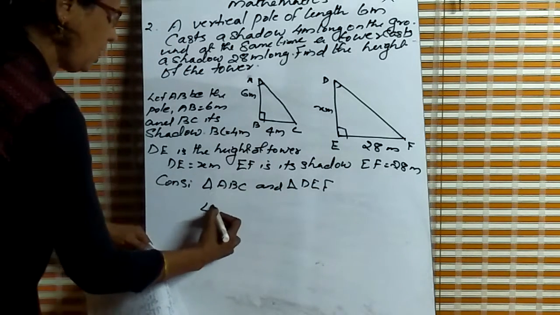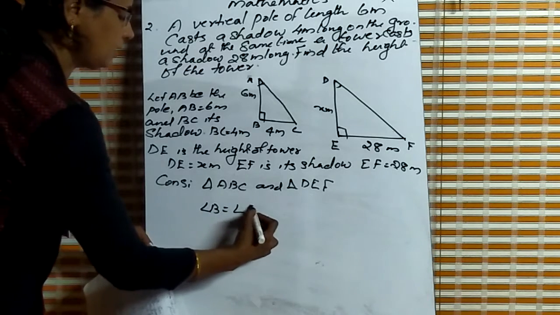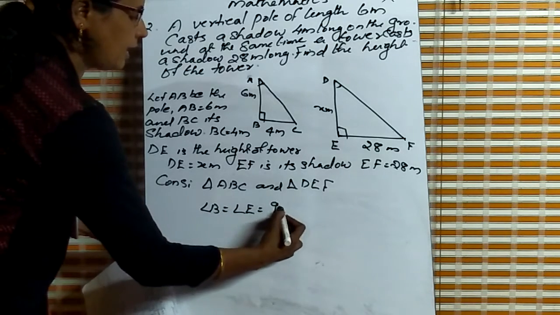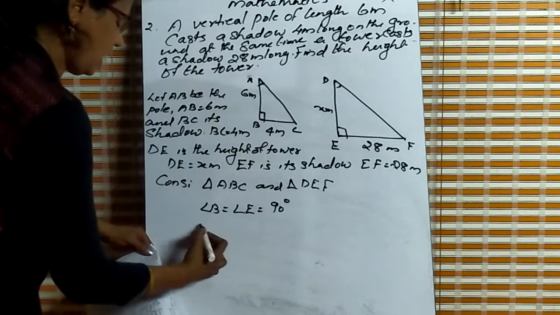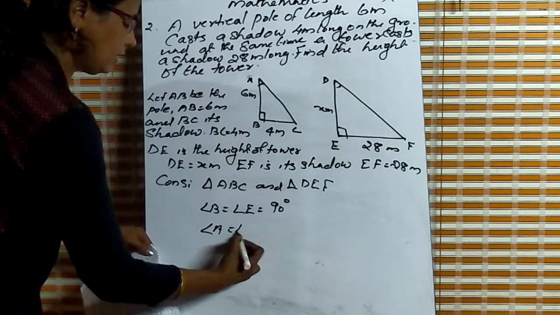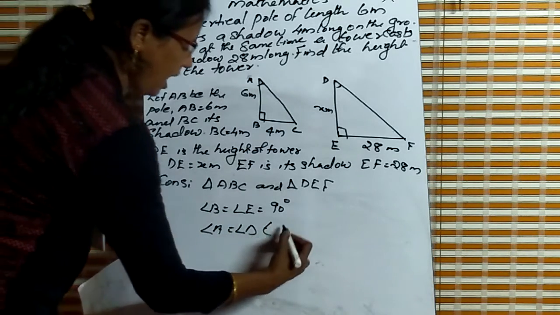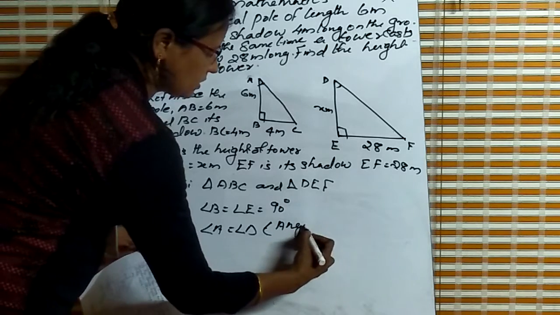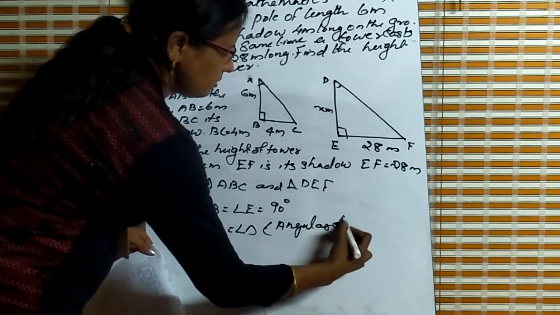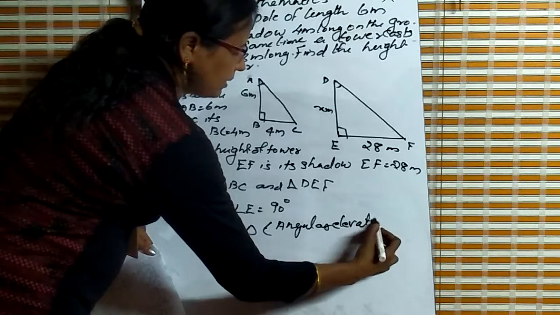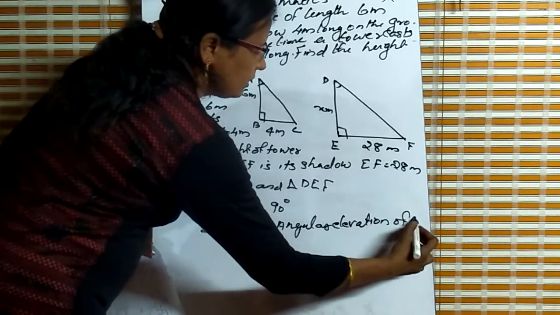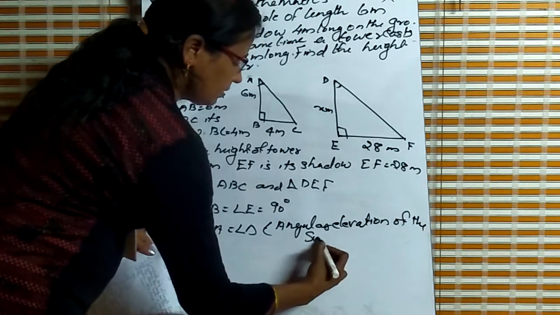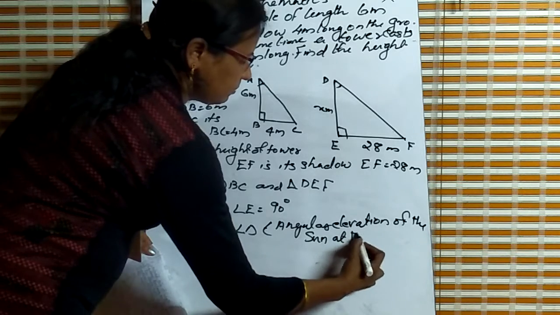First one, angle B is equal to angle E equals 90 degree. Then angle A is equal to angle D. Reason, angular elevation of the sun at the same time.